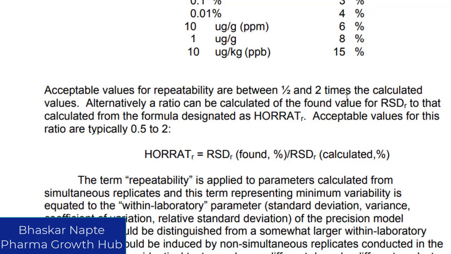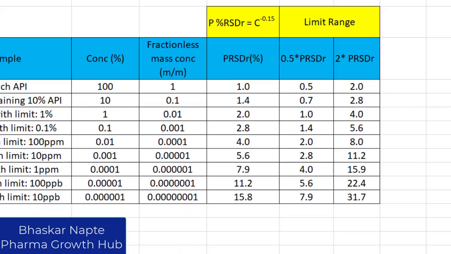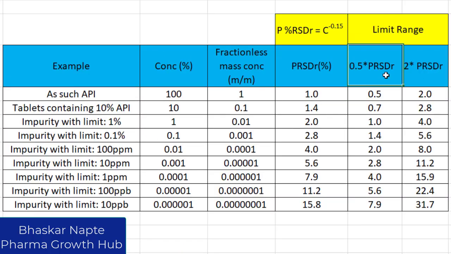So whatever RSD values I calculated, that is not the final limit. That is the ideal limit. But the range can be 0.5 to 2 times of the defined predicted RSD. I hope you understand. And when I go back over here, you can see the 0.5 of the predicted RSD and 2 times the predicted RSD.